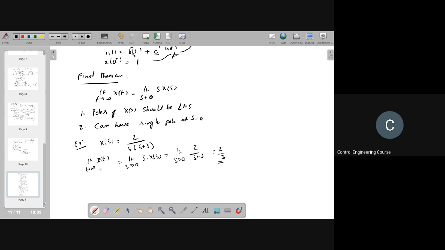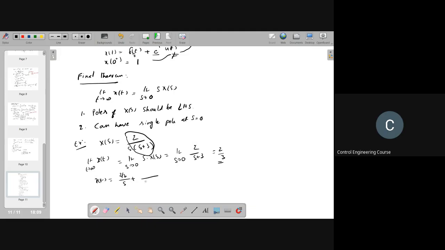We can even verify this by computing the inverse Laplace transform. What is x of t?